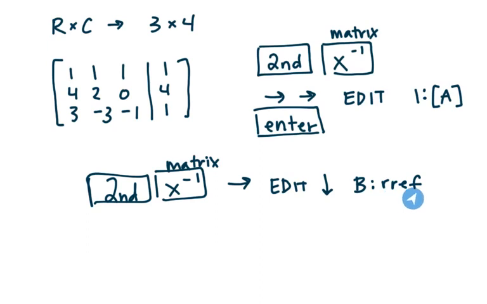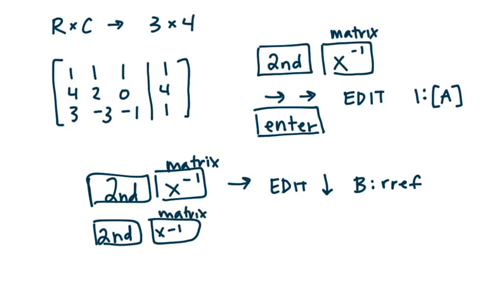So once you have that on your calculator screen, then you can click second, go back into your matrix menu, second matrix, and choose the matrix that you want. In this case, we're all likely dealing with matrix A, so you're just going to click A and hit enter.